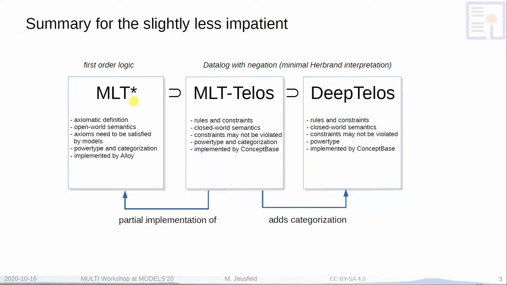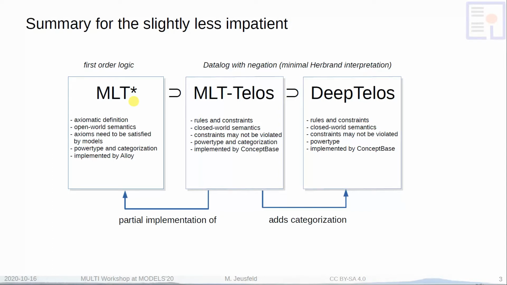If you look at the definition of MLT star, you see it's defined in first order logic with axioms, and some of the axioms are constraints, and some are definitions defining, for example, predicates using the equivalence construct. It uses classical first order semantics. That means there's an open world assumption. So we don't only look at certain interpretations of the models, but all interpretations of the theory, sorry.